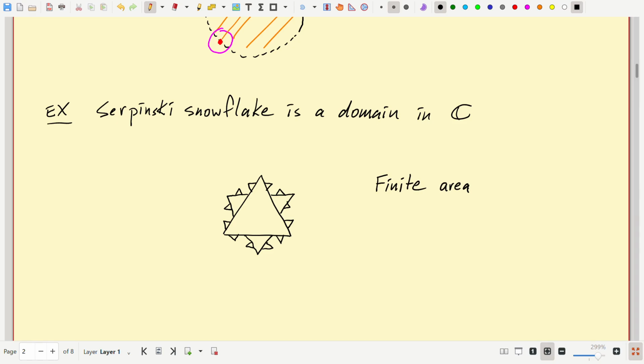It's the sum of the geometric series when you think about it, when you add up the areas. It's a finite area, but the length of the boundary curve is infinite.